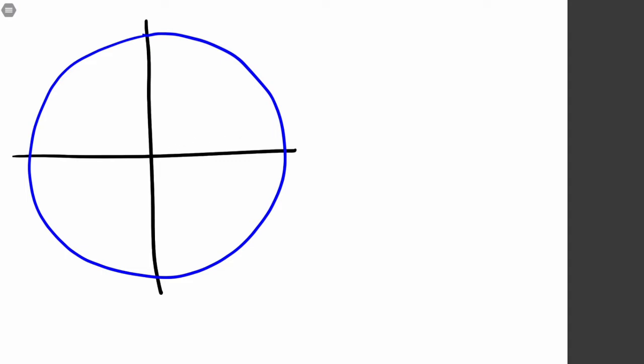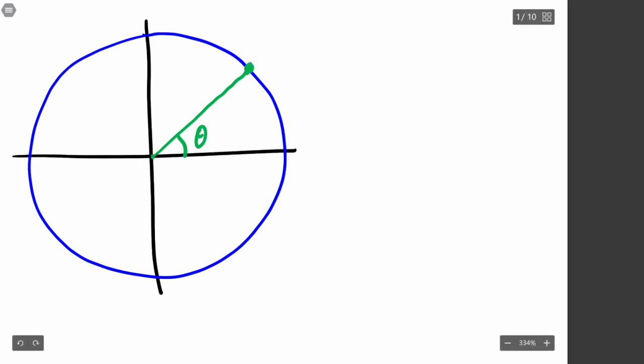What are sine and cosine? Well, if we pick any point on this circle, so let's say we take this point right here. We're going to draw a line from the origin to that point, and let's say we have an angle theta here. Okay?